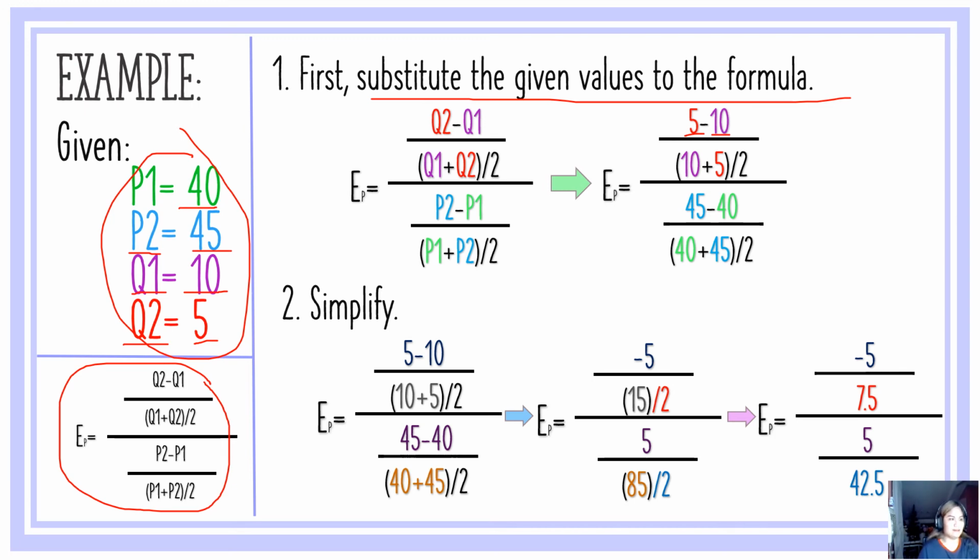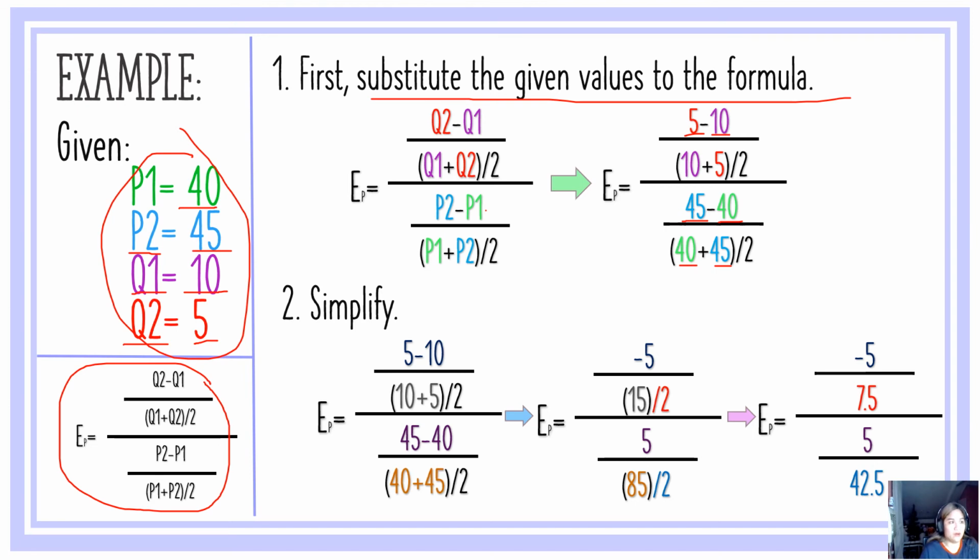So that's the first step. Next, of course, we also have to substitute the values into the denominator. P2 minus P1: P2 is 45, so we have 45 minus P1, which is 40. And then the lower part, P1 plus P2: again, P1 is 40 and P2 is 45.